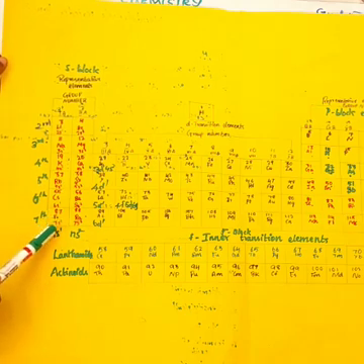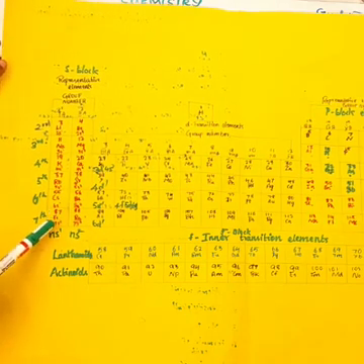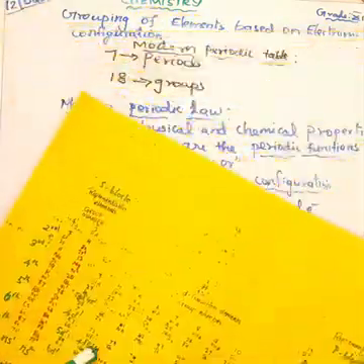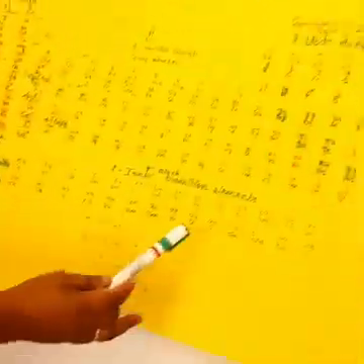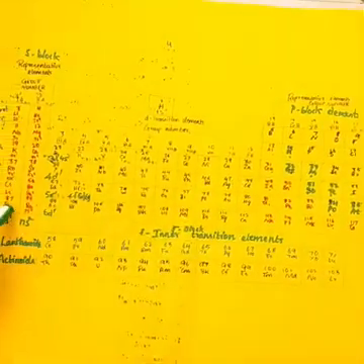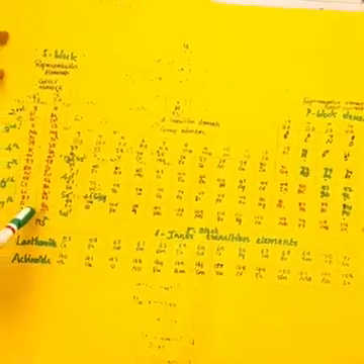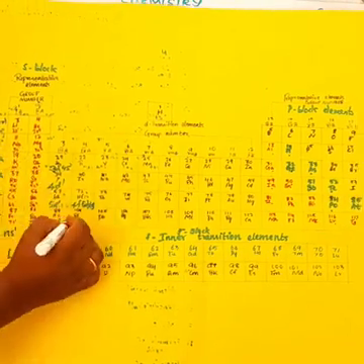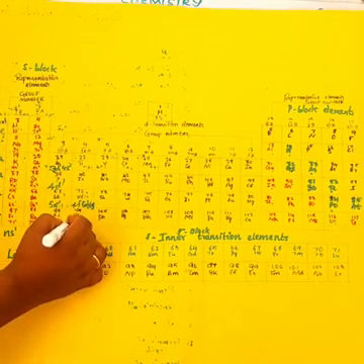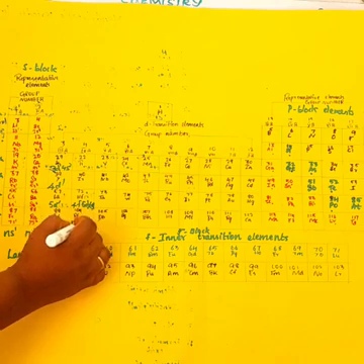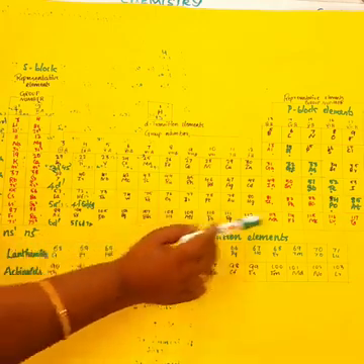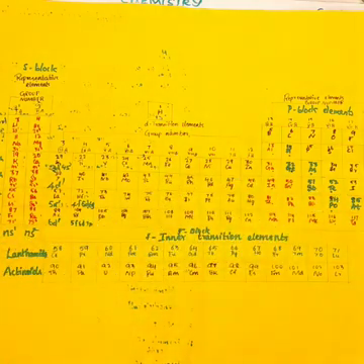It starts from francium, 7s1, followed by 5f, 6d and 7p, totally 32 elements, and it ends with oganesson, 7s2 7p6. Okay, understood?